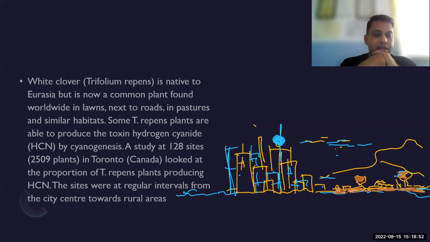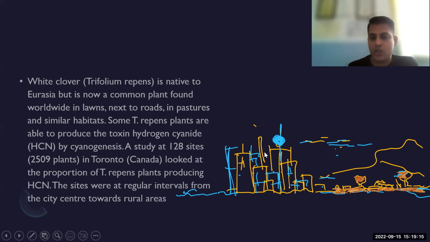A study at 128 sites, 2,509 plants in Toronto, Canada, looked at the proportion of Trifolium plants producing HCN. The sites were at regular intervals from the city center towards the rural area.